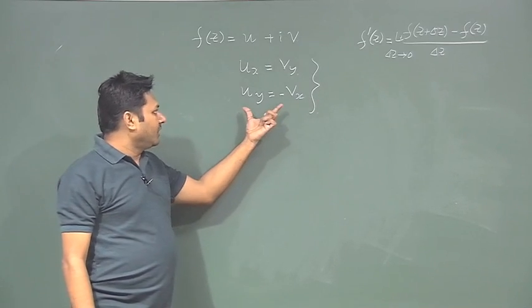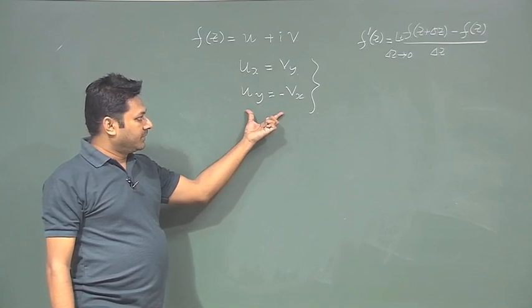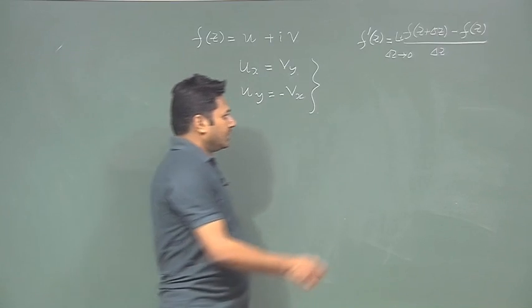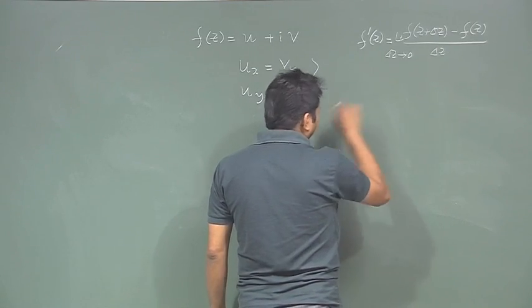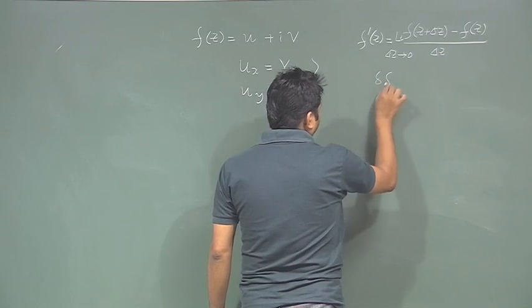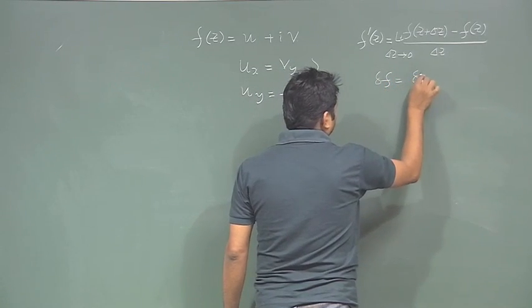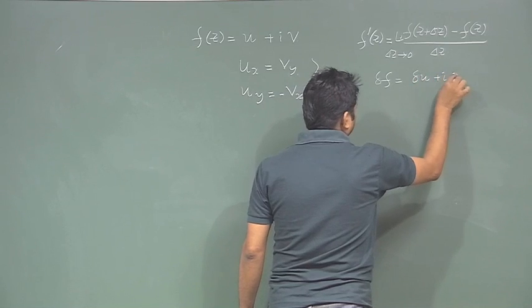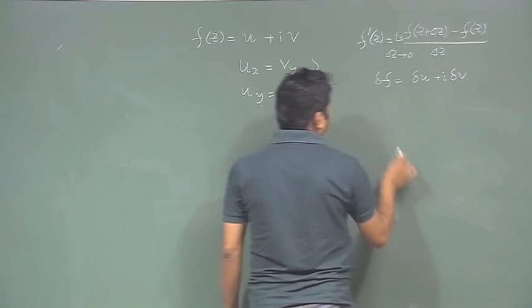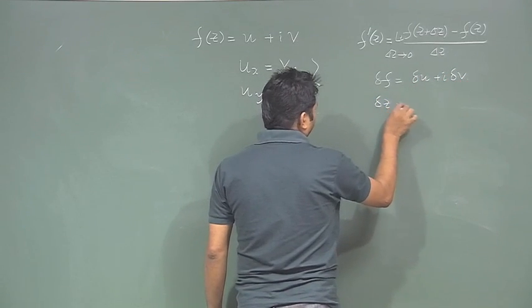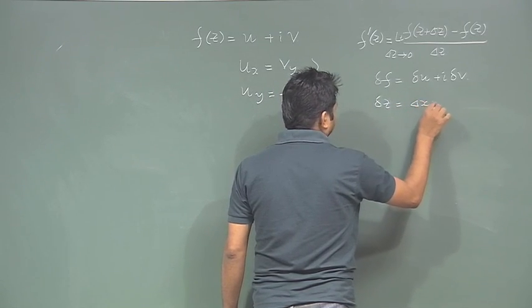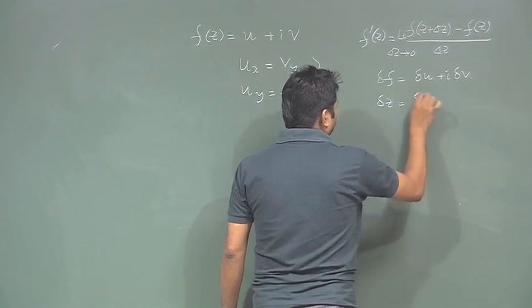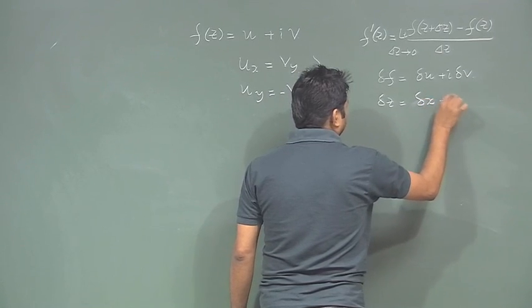During the derivation of the Cauchy-Riemann equations, we approached this condition in two ways. One is delta f was delta u plus i delta v, and delta z was delta x plus i delta y.